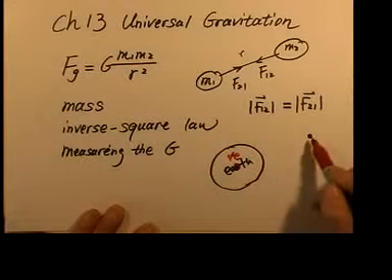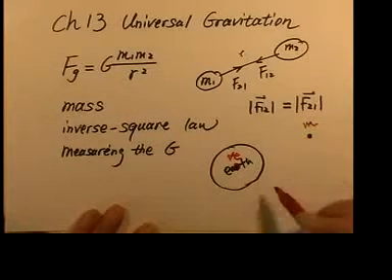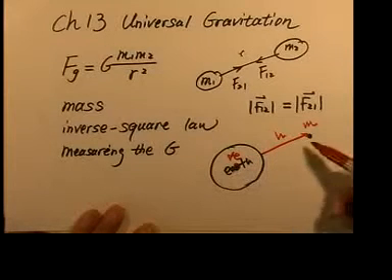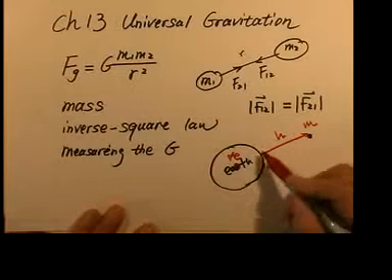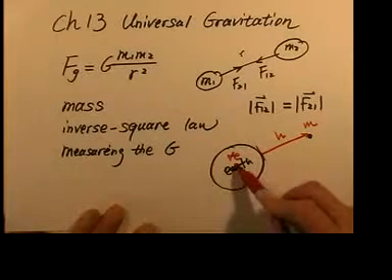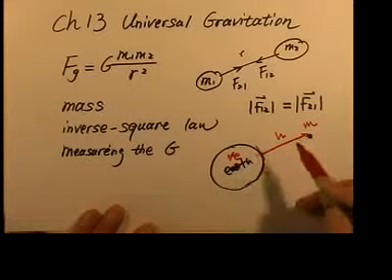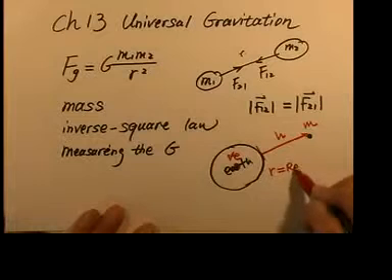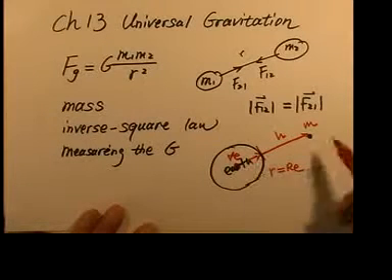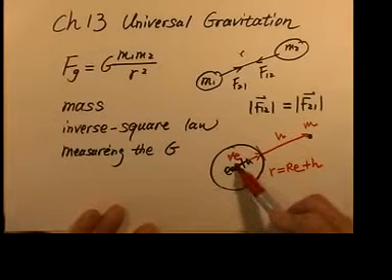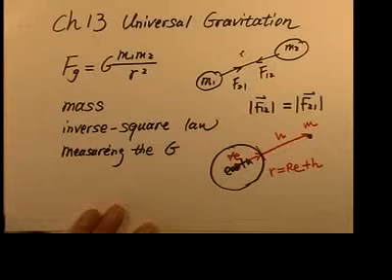Therefore, if a particle of mass little m has a distance of h, which in this case we call altitude, above the surface of the Earth, the distance from the center of the Earth to that particle is obviously little r, which equals the radius of the Earth plus altitude h. That is the separation between the mass of the Earth and that particle of mass little m.